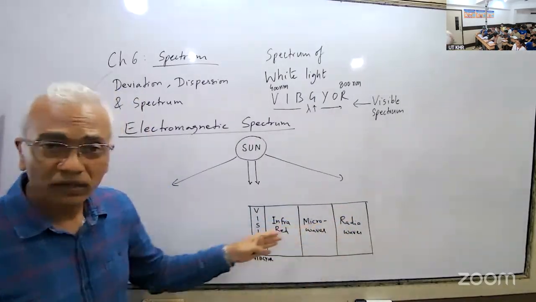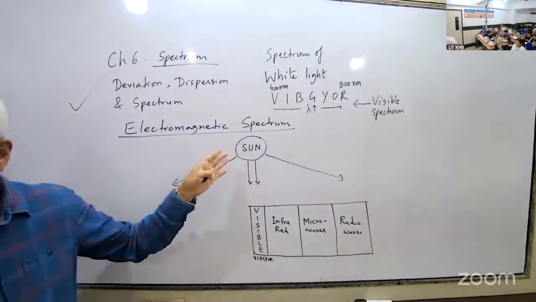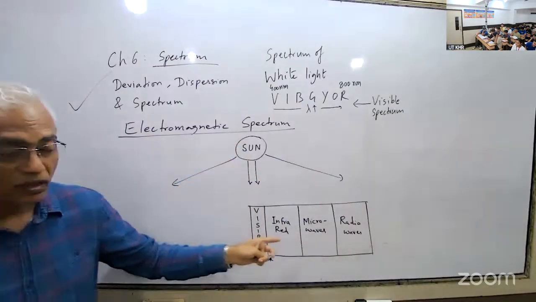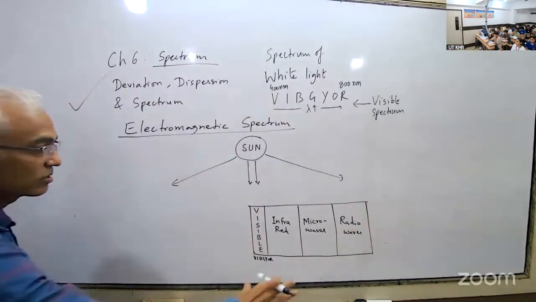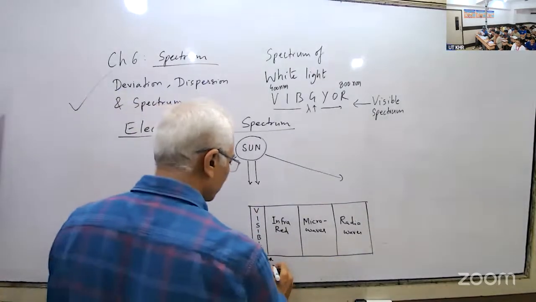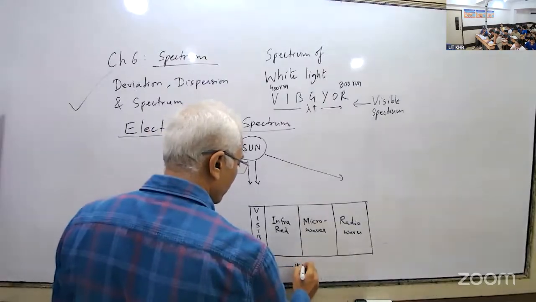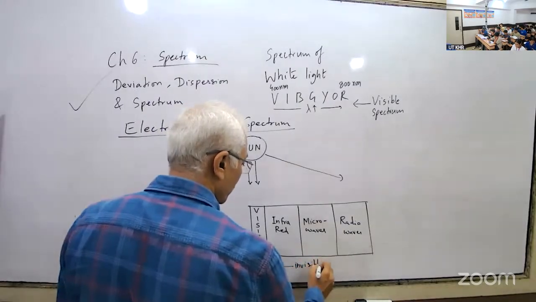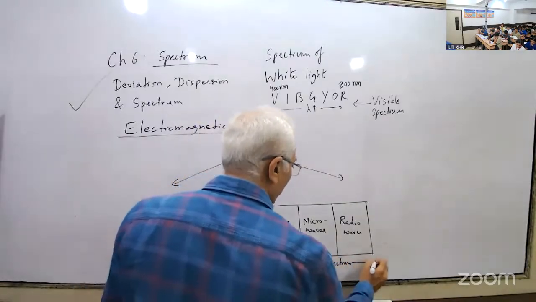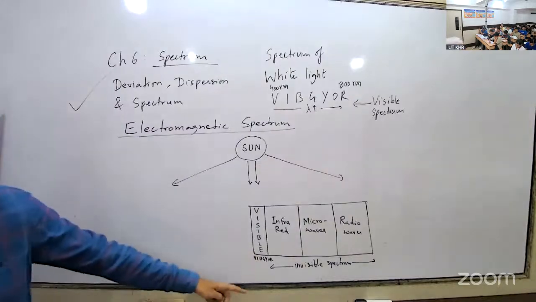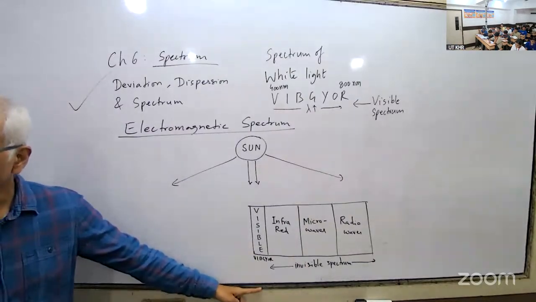Where is it present? In sunlight. But these are not visible to our eyes. So this forms the invisible spectrum. When I say invisible, it is invisible to humans.